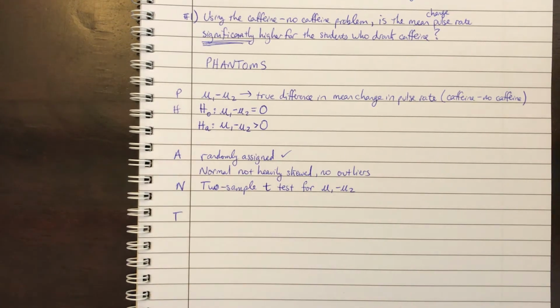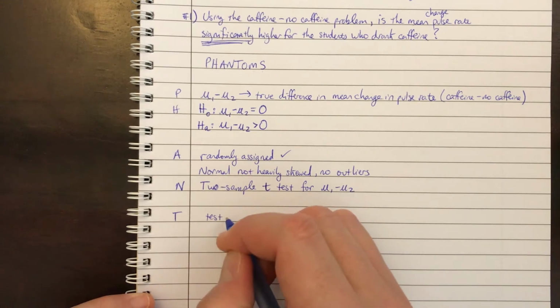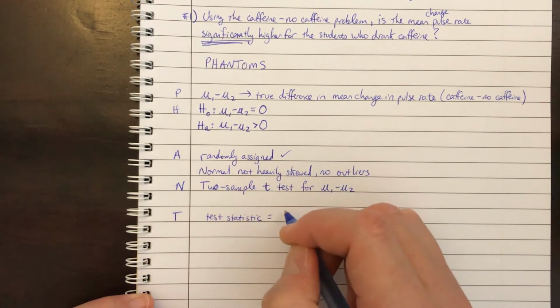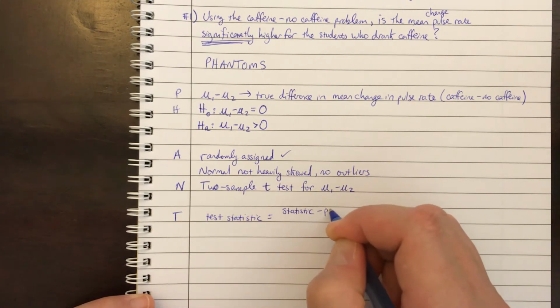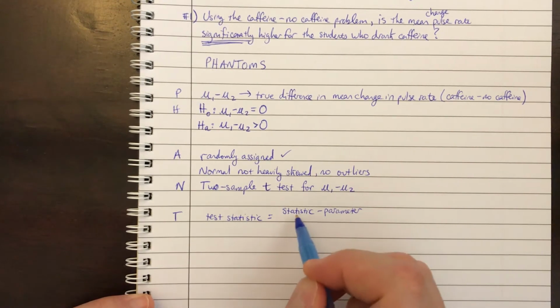Okay, so now we need to obtain the test statistic. And the test statistic, in this case, is going to be our t-value. On your formula sheet, they do give you this. They say the test statistic is equal to the statistic minus the parameter, in this case the true mean.